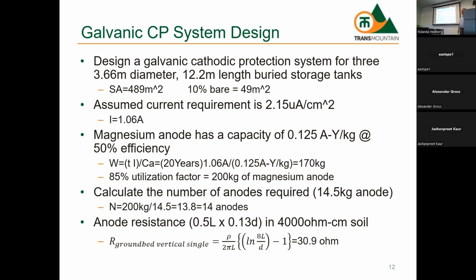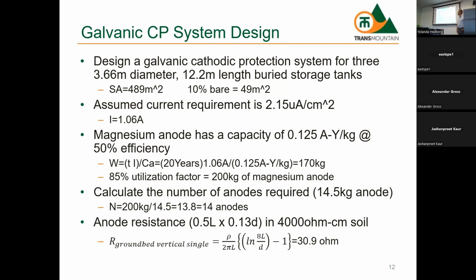Then, what I was just talking about with Ed, in this case we're going to assume, based on the percent bare, how much current the cathodic protection system needs to provide per surface area. So in this case, we're going to use 2.15 microamps per centimeter squared.